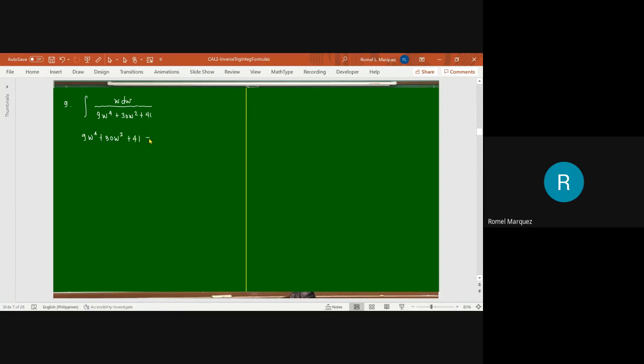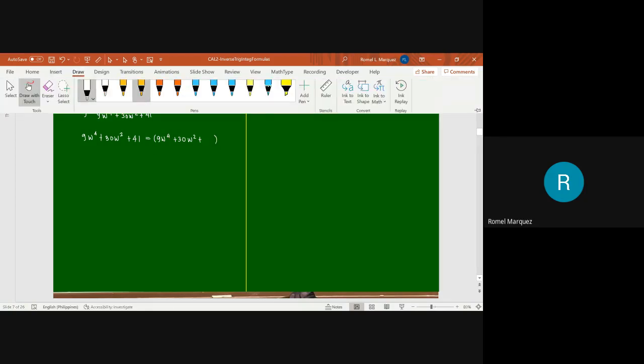Let us complete the square. So 9w to the fourth plus 30w squared. What do I need to add so that this becomes a perfect square? What do we add, children?